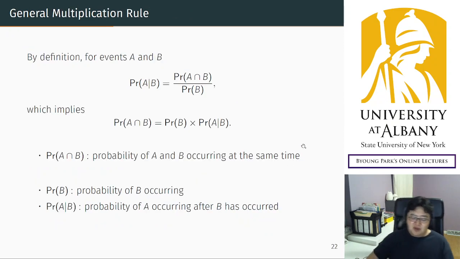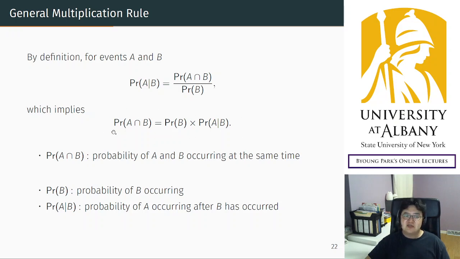And okay, back to the formula. We defined conditional probability in this way. This formula is very useful and simple, and by moving the denominator to the other side, you get this.